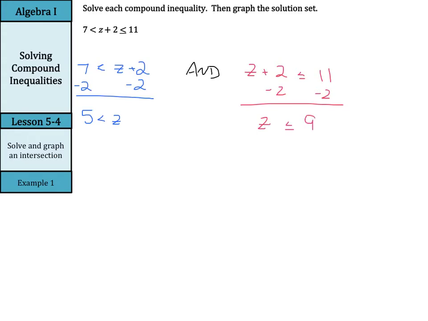So our solution set can be written as z when 5 is less than z, and z is less than or equal to 9. Now, when I go to graph this, we'll draw our 3 number lines here.